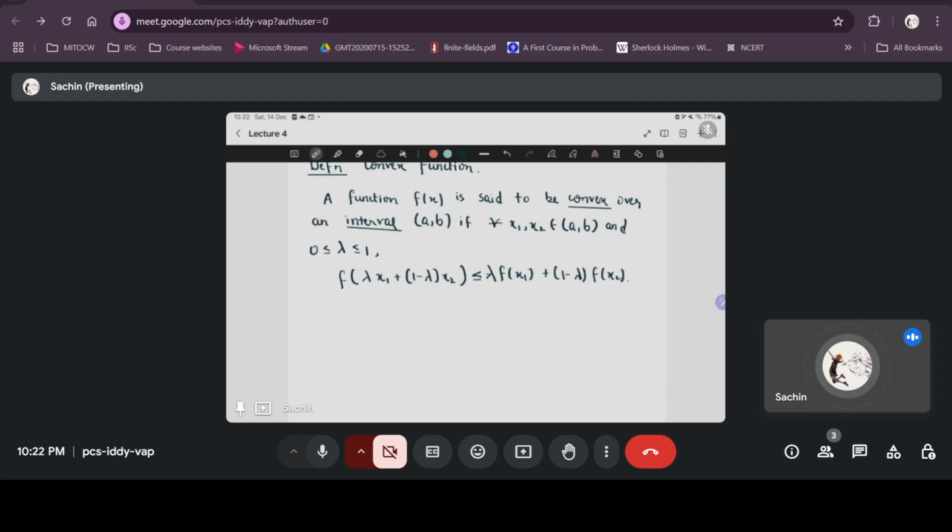Okay. Convex function, you know, right? Okay.